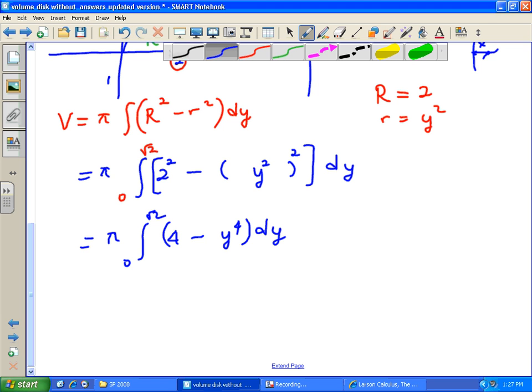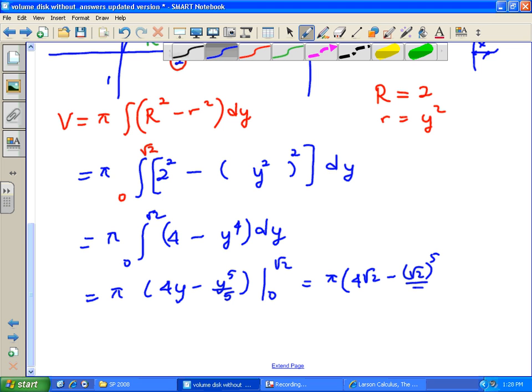And let's integrate it. I'm sure you can simplify this, but I don't want to worry too much about the arithmetic part today.